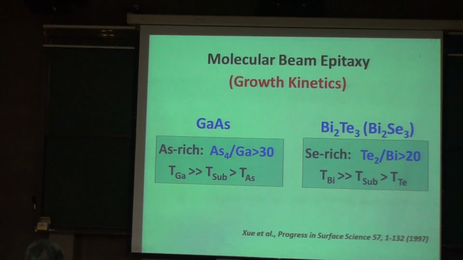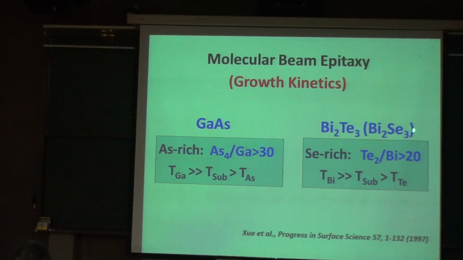So the extra arsenic will be gone. Thermodynamically, one gallium is stable with one arsenic atom to form gallium arsenide, so you only have the one-to-one.